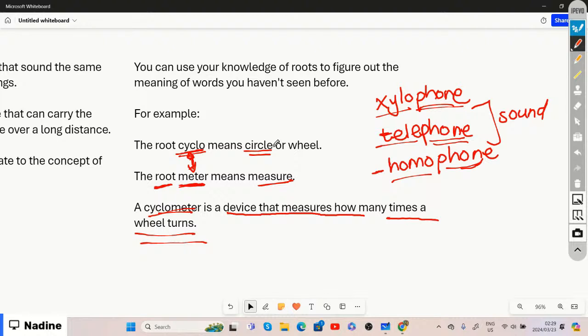I'm not sure if that answers your question. I don't think encyclopedia has the root word, because remember it's the same as saying dictionary, right?